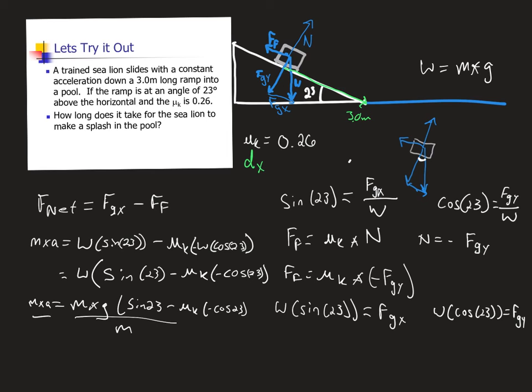Divide both sides by mass to get rid of it. Therefore, our acceleration is going to be equal to gravity times the sine 23 minus mu sub k times the negative cosine of 23.